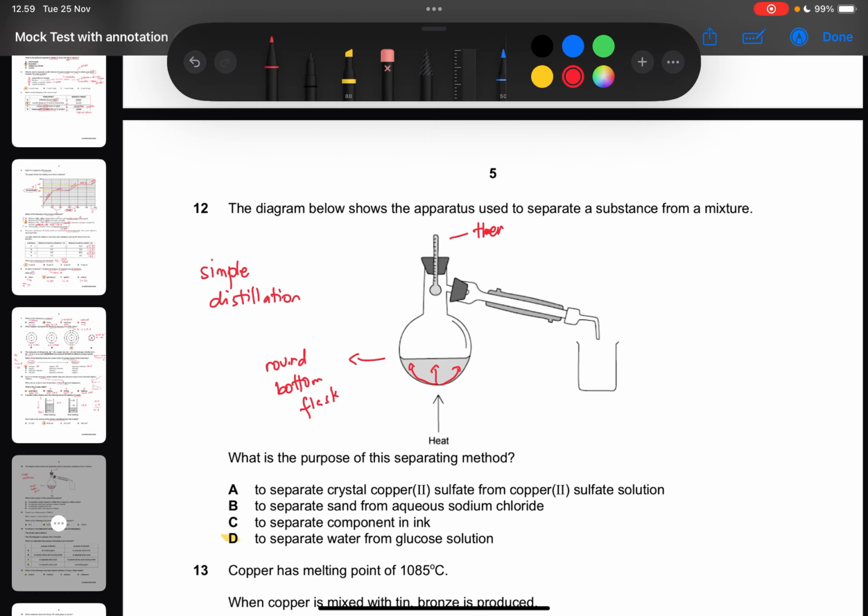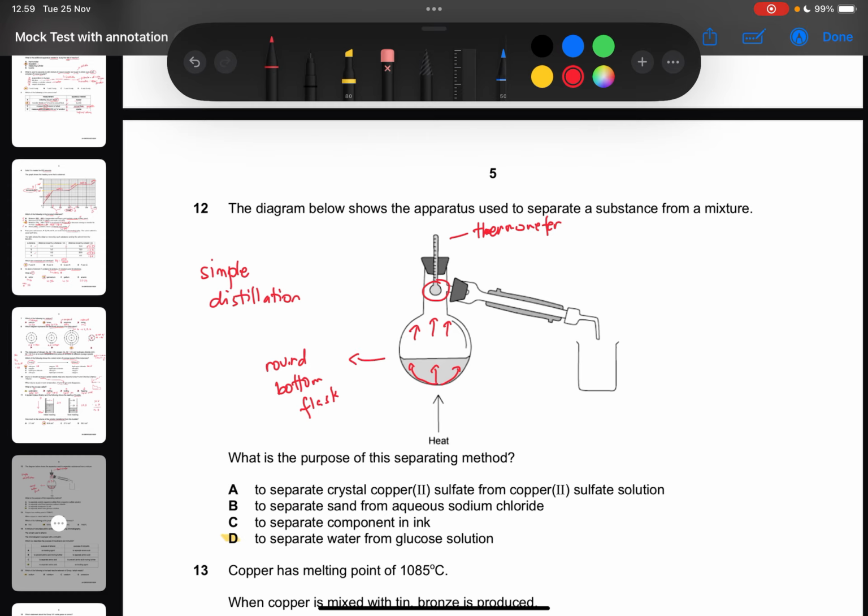We also have here our thermometer, which is used to measure the temperature of the liquid or the substance, but in this case, we're using our thermometer to make sure that we know what substance is exiting our condenser. So as our liquid is boiling, it will measure the temperature of our vapor. So let's say, for example, we have a mixture that contains water.